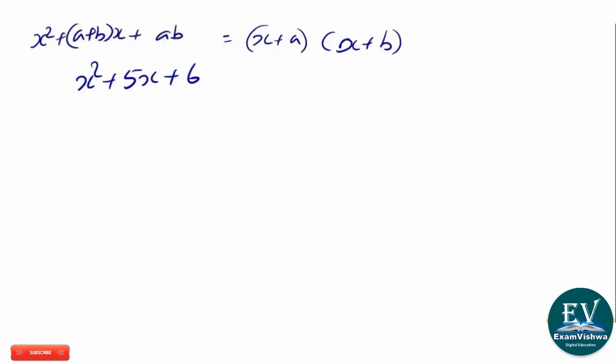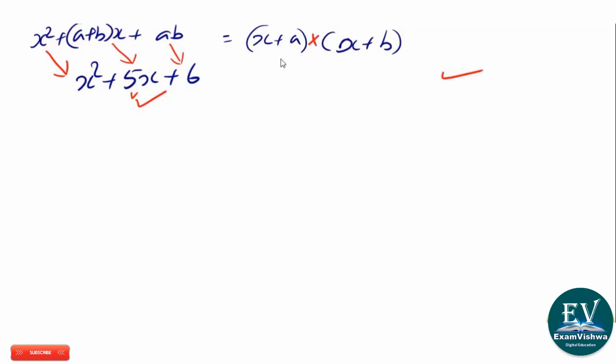Now when we look at this, it is almost the same type of expression. Here a plus b is replaced by 5, and this must be the product of a and b. If you think in that angle, can we write this expression in this format? And if it is in this format, we know that it is in product form.